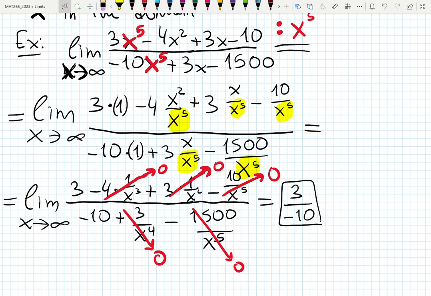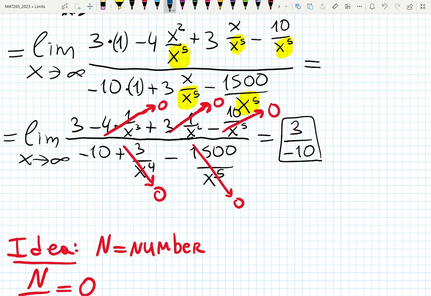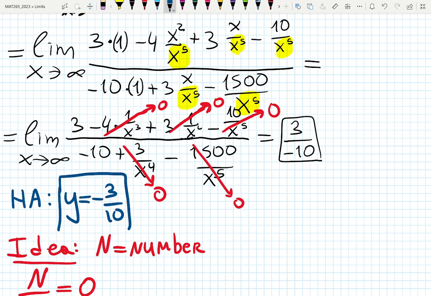Usually like parabolas growing forever, cubic function growing or decaying forever. This guy stuck at minus 3/10. That is horizontal asymptote. Notation is HA, and that is height stuck. Y equals minus 3/10. So it's Y, because height stuck around minus 3/10. That's the idea here.